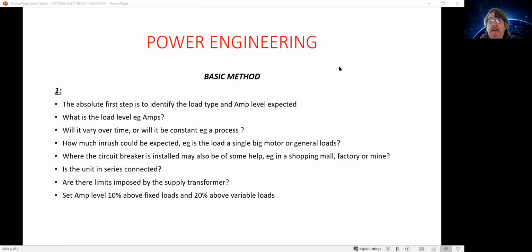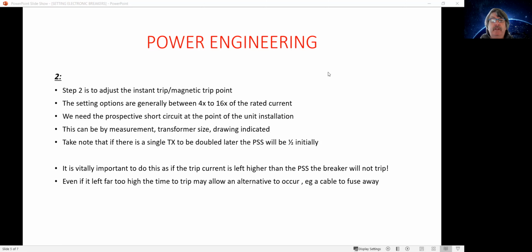We get shopping complexes that are built in stages, and you might find that only half the transformers are in actual fact currently on that site, and there's no point setting the breaker above all the thresholds of that, and the transformer is at risk of damage. We could set things as a rule of thumb 10% above fixed loads, 20% above more variable type loads.